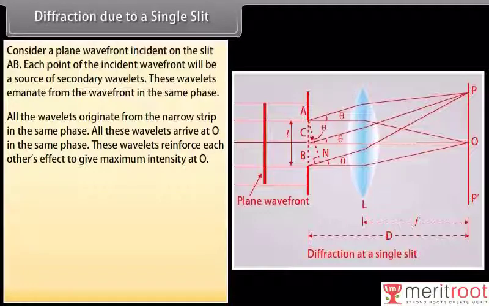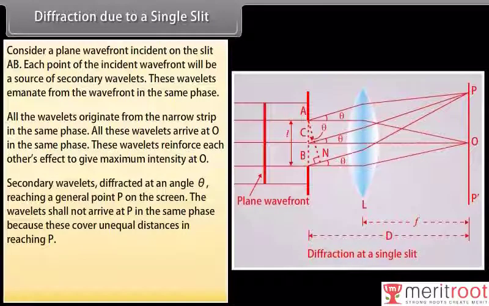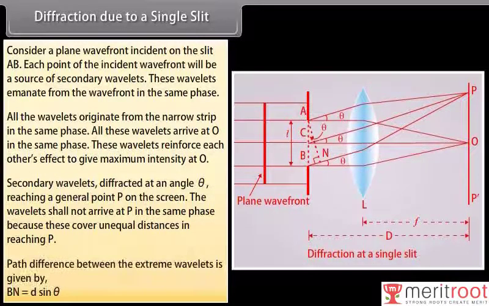Now consider the formation of secondary minima and secondary maxima. Secondary wavelets diffracted at angle theta reach a general point P on the screen. The wavelets shall not arrive at P in the same phase because they cover unequal distances in reaching P. Path difference between the extreme wavelets is given by BN equals d sin theta.